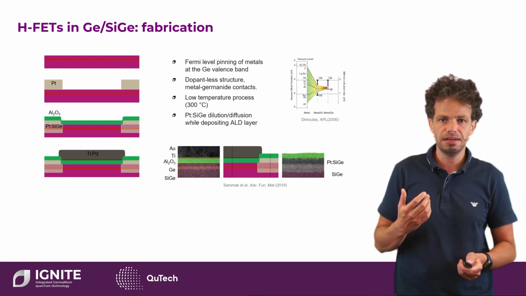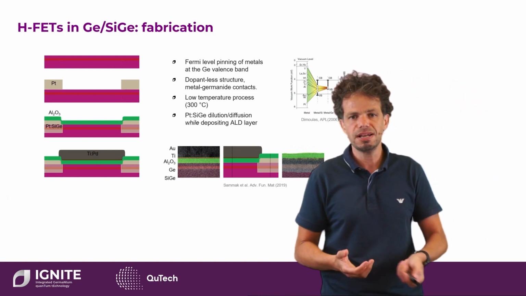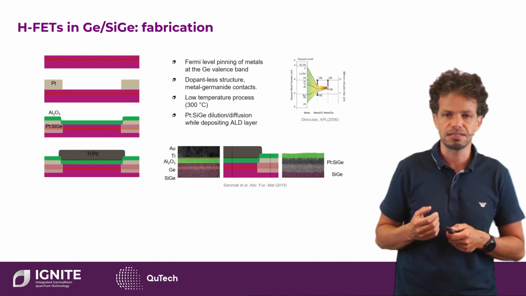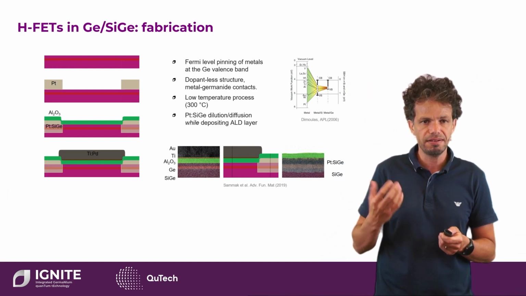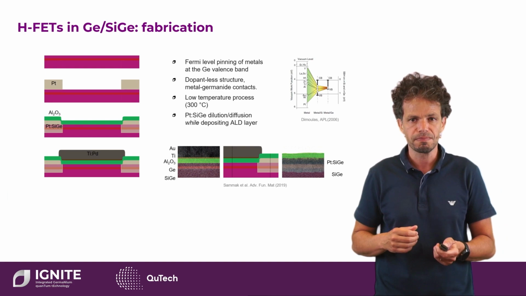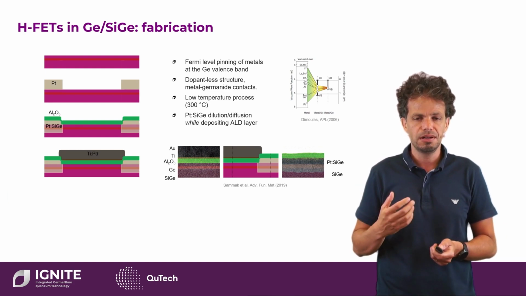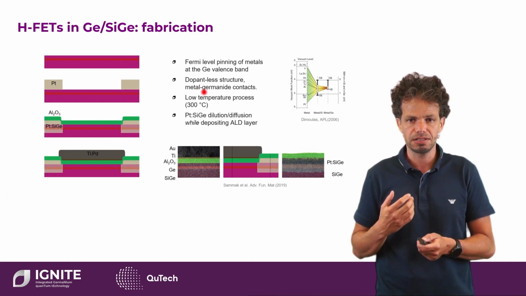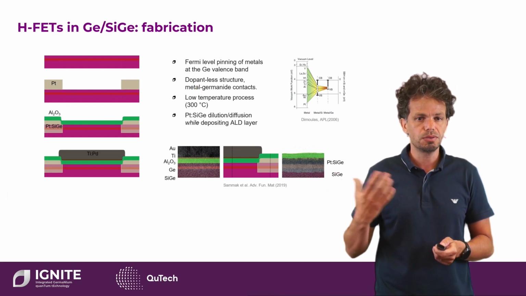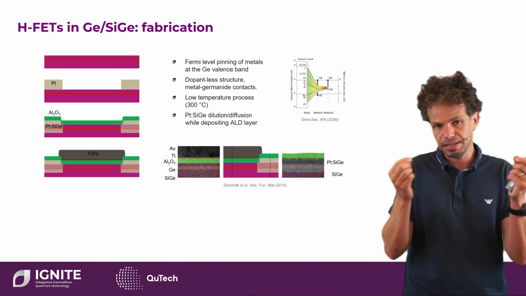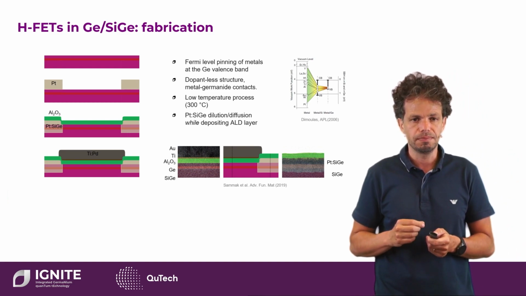And because in germanium there is essentially Fermi level pinning of any kind of metals at the germanium valence band, it's very easy to make ohmic contacts. And typically it happens at very low temperature, which is very important, for example 300 degrees Celsius, not to spoil the strain that we embedded in the quantum well.